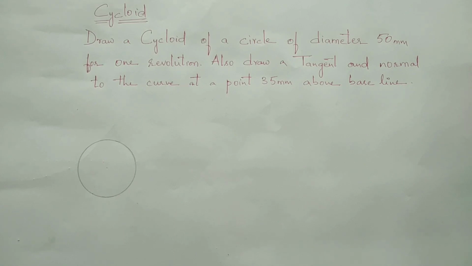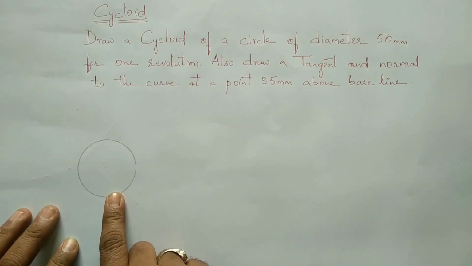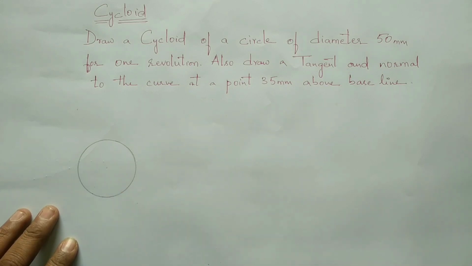Once again, I'll just repeat the nomenclatures of the construction that we are going to see, so that the construction will be very easy for you to understand. First, according to the given question, I have drawn a circle of 50 mm diameter.